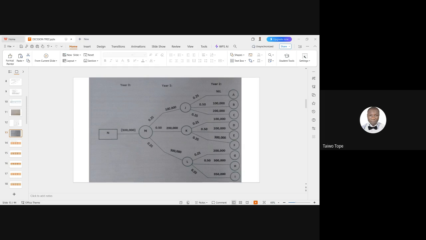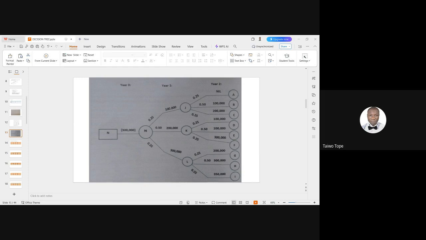Please, everybody with your book. For us to calculate NPV for each node, what are we going to do? In your book, write node A. I have the solutions already in my slide.